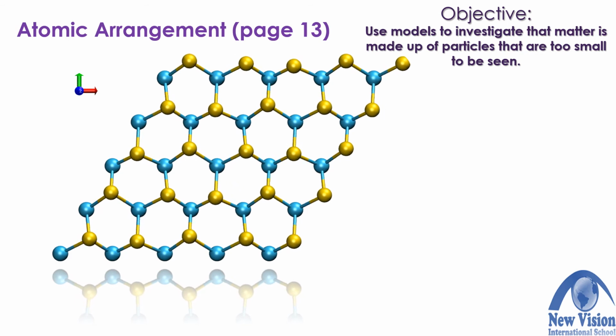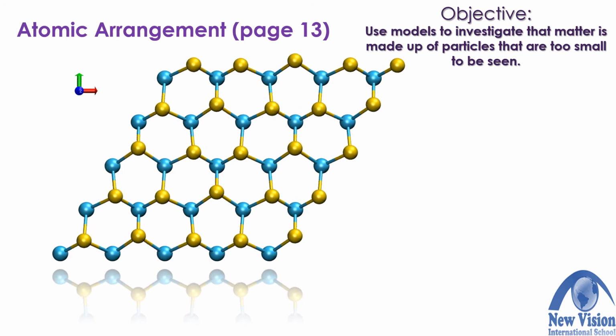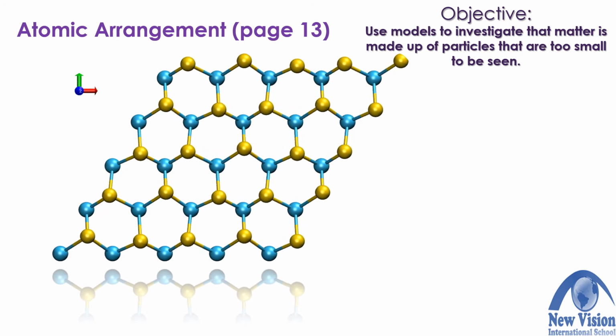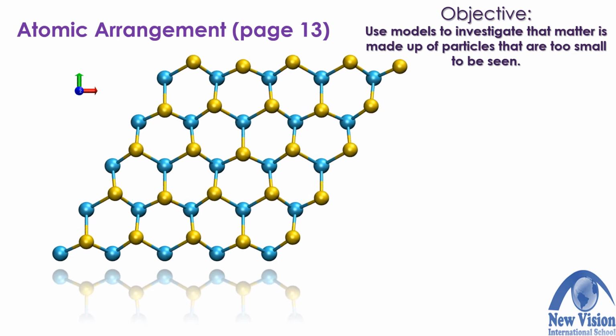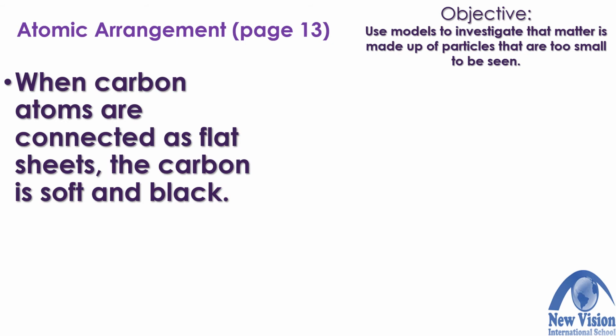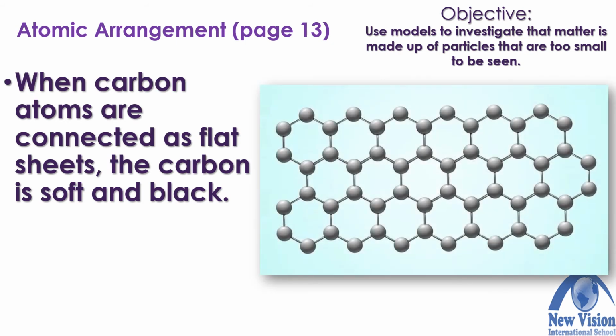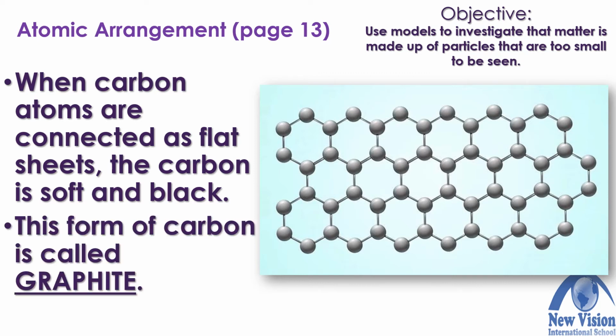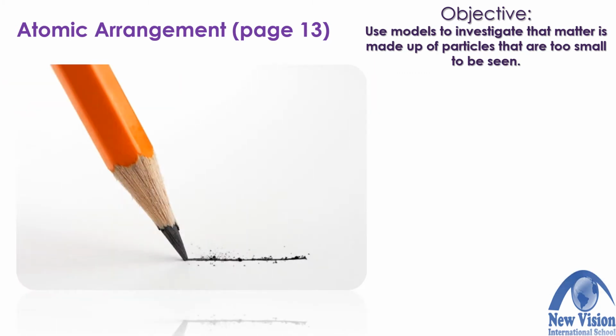Atoms are often connected to other atoms in specific ways. The way atoms are connected affects the properties of an element. For example, when carbon atoms are connected as flat sheets, the carbon is soft and black. This form of carbon is called graphite. The lead of a pencil is made of graphite.